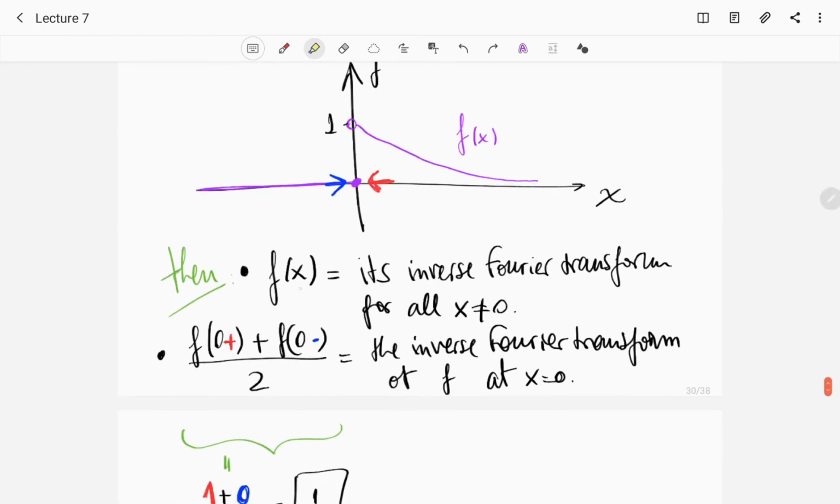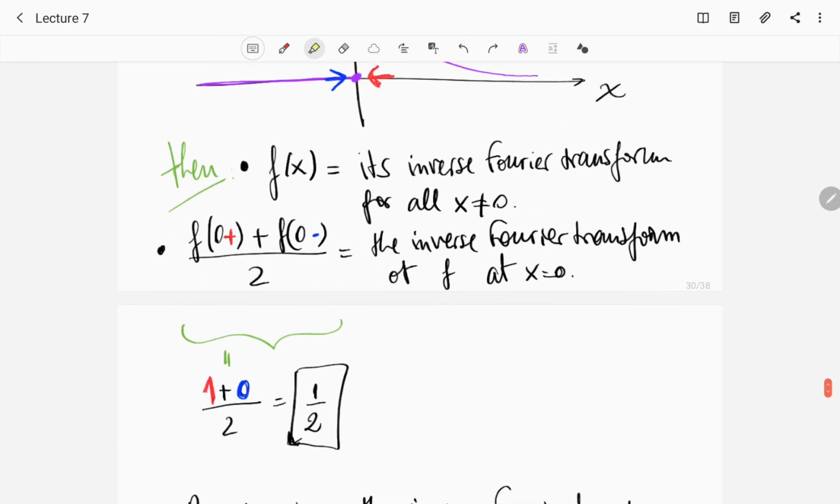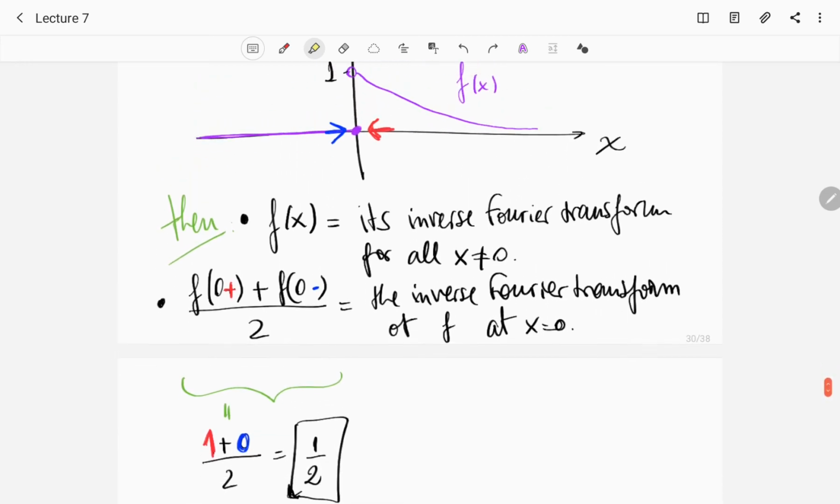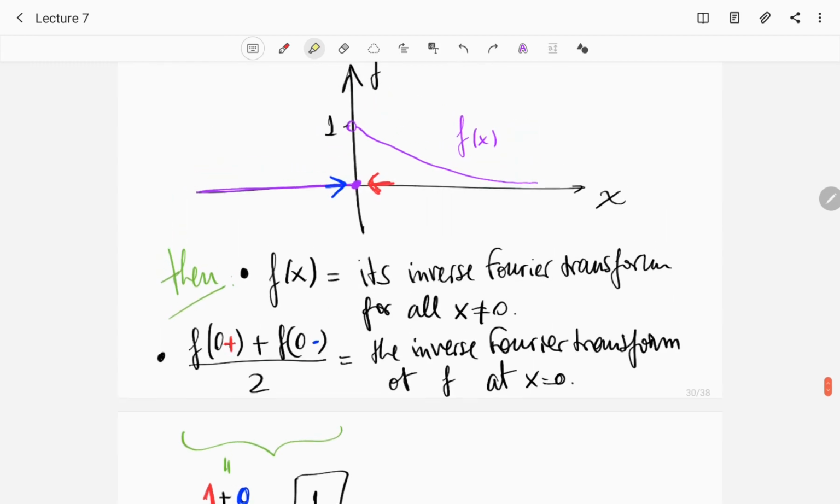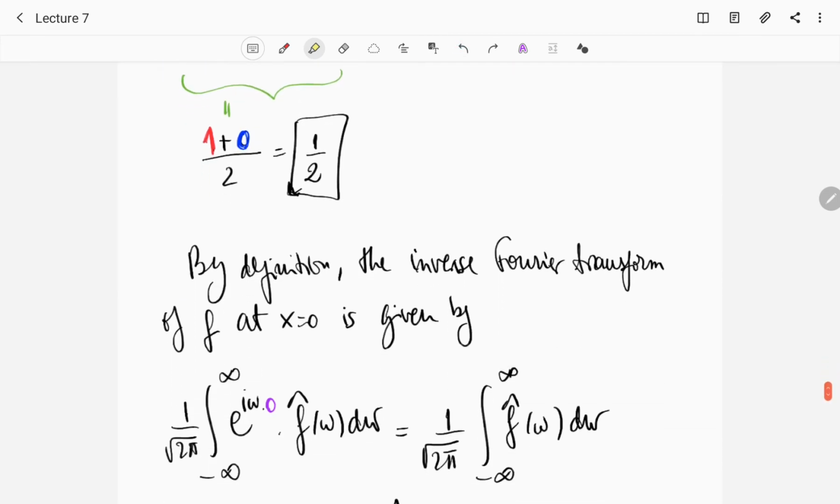And this is what we have here. f of x is equal to its inverse Fourier transform for all x different from 0, and gives us the average when we are at 0. In this case, you can see that this average is exactly 1/2. If we compute the limit from this side, we get 0, and from the other side, we get 1, so the average is 1/2. Okay.